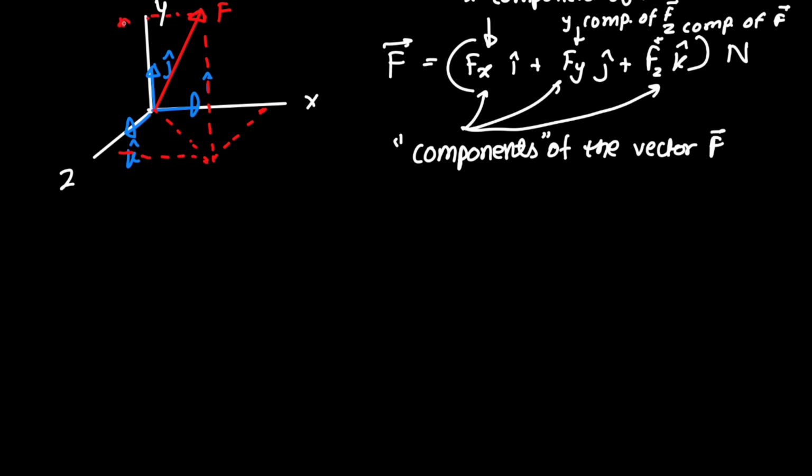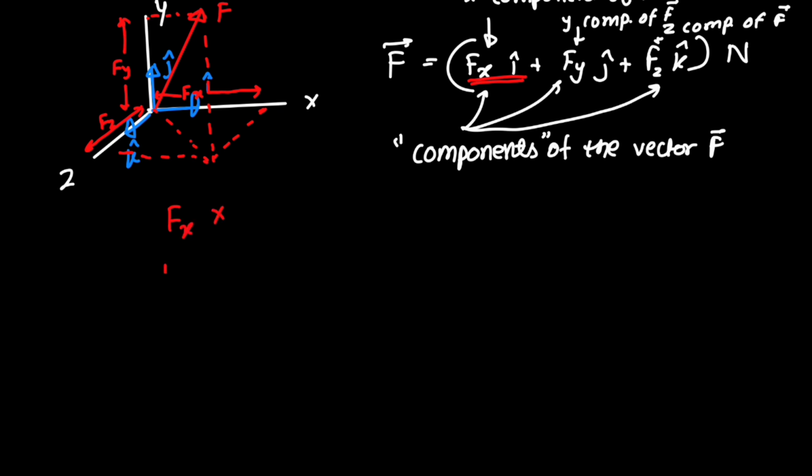So this component that you obtain is the fy, this component that you obtain is the fx, and this component that you obtain is the fz component. And this fx, fy and fz are typically magnitudes only, and when these magnitudes are multiplied with the corresponding unit vectors, they become vectors themselves.